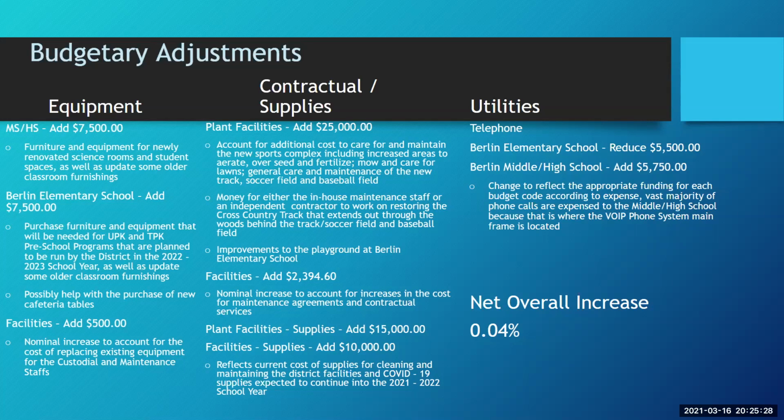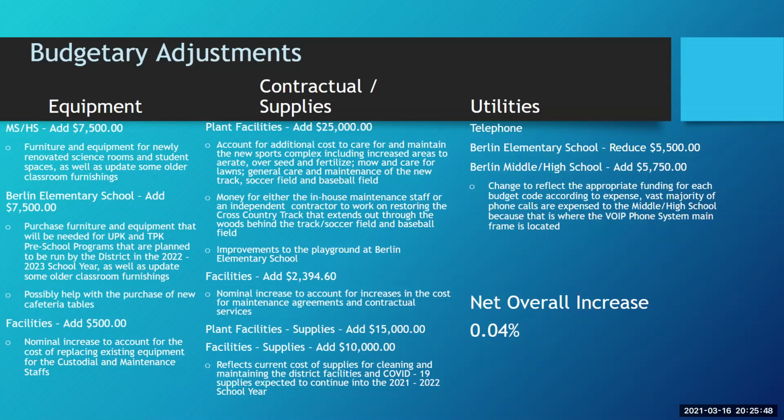Berlin Elementary School, we've added $7,500 to the equipment line there as well. That's to purchase furniture and equipment that will be needed for the UPK and TPK preschool programs that are planned to run in the district in the school year 2022-23.